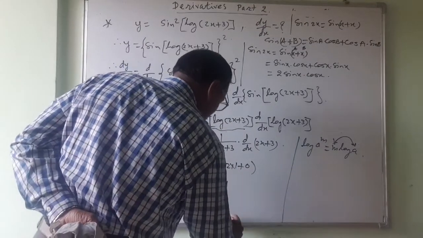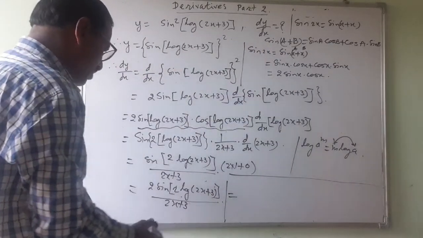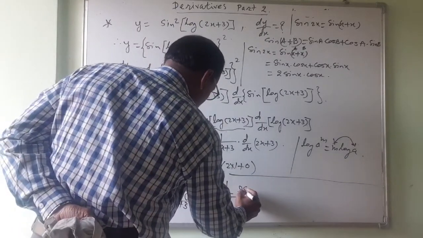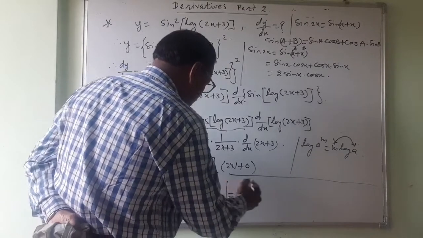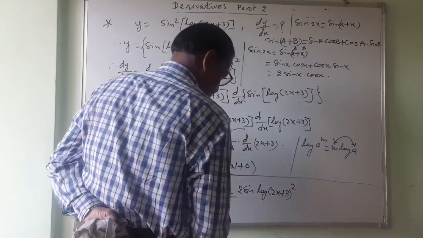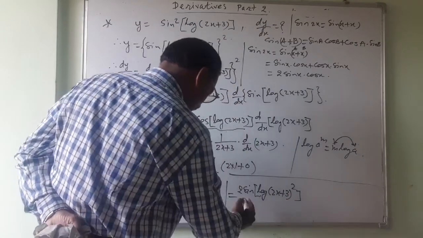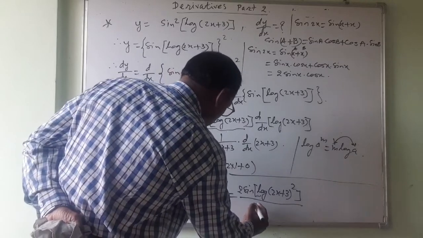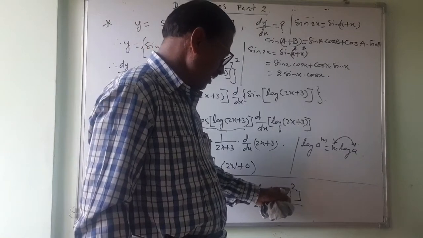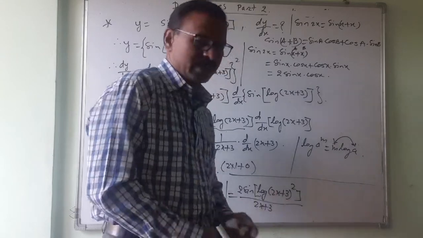So the final answer you can write as 2 sine, log of 2x plus 3 raised to 2, this is the angle of it, upon 2x plus 3. I am teaching you this because in a competitive examination the option may be different. See that this square is not outside the bracket. The square is only for 2x plus 3.